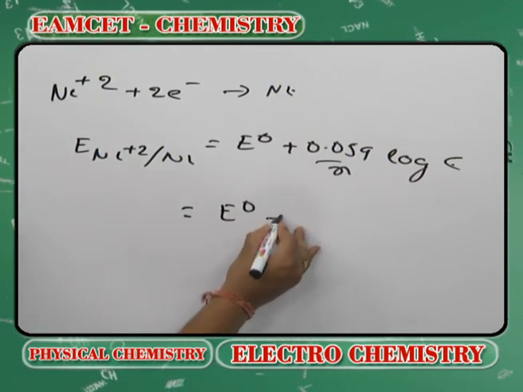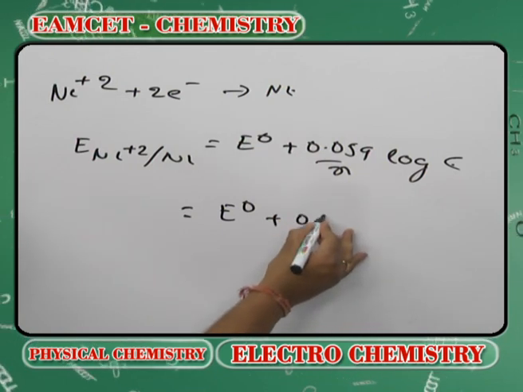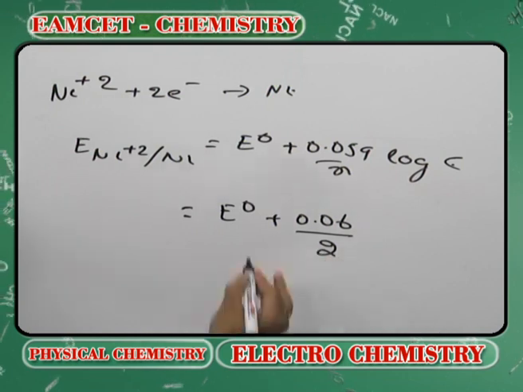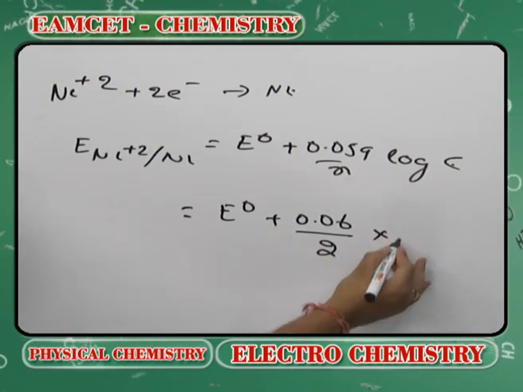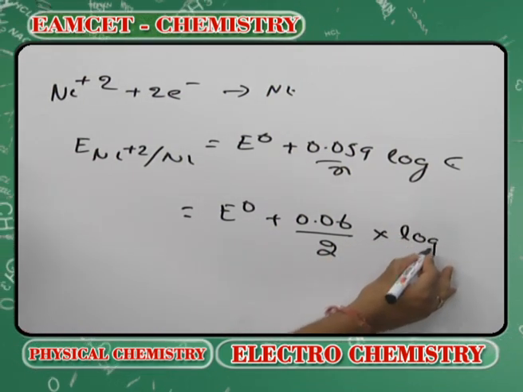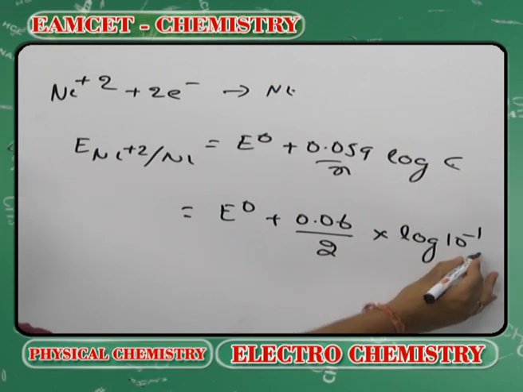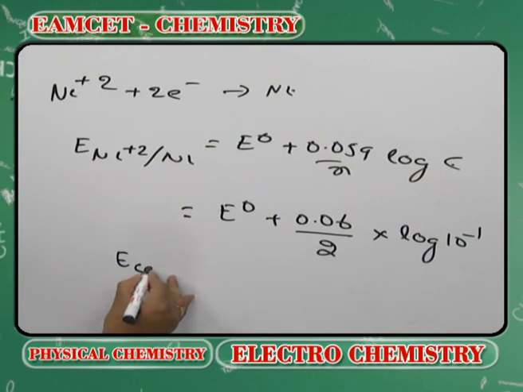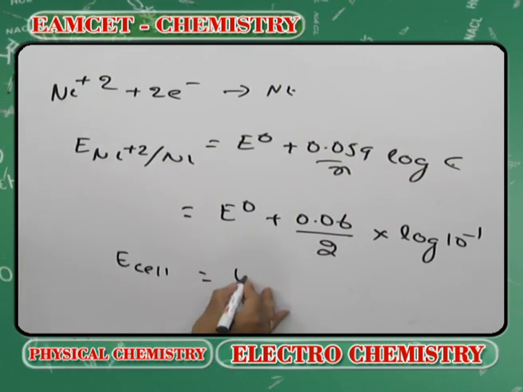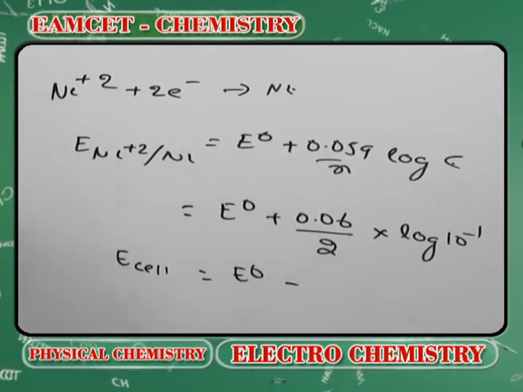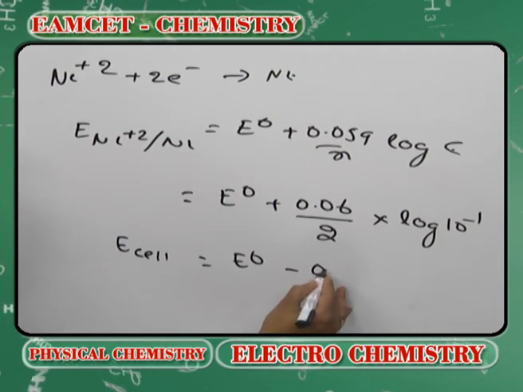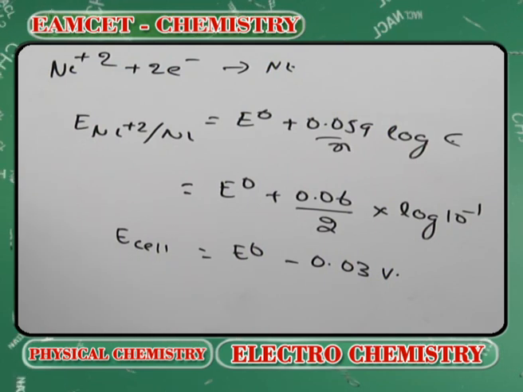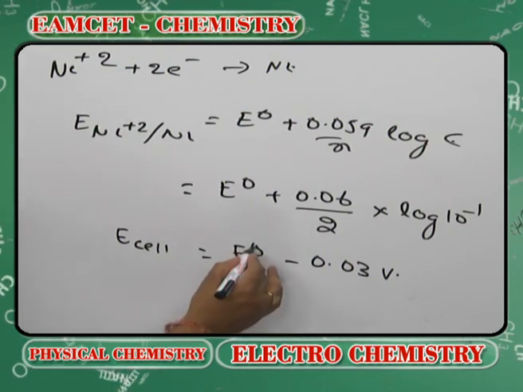Then for E naught, we can practically take it as 0.06 into 2, and since the concentration is diluted by 10 times, what will be the E cell now? E naught of the electrode will be E naught minus 0.03 volts. What does it imply?